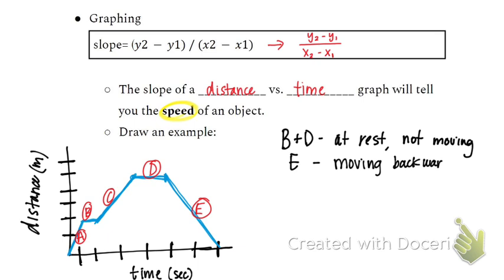And then let's find the slope of the C section. So what do you need to know before you can find the slope? Yeah, we need the numbers for these points.